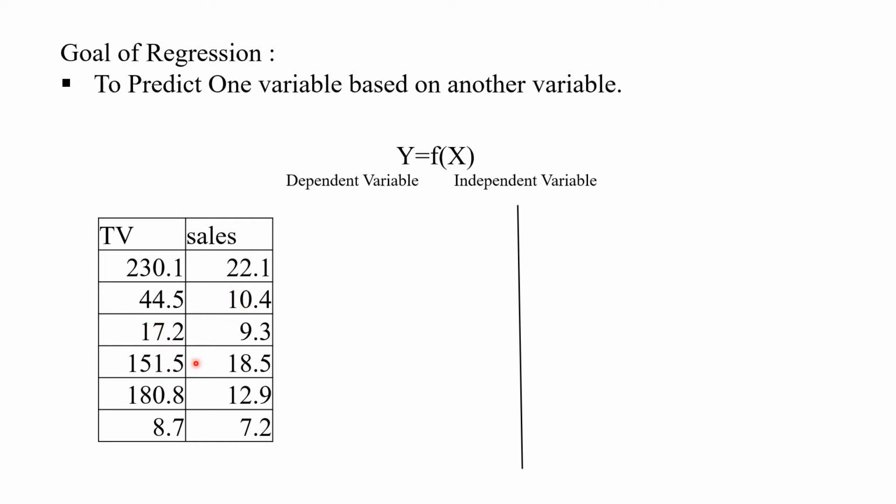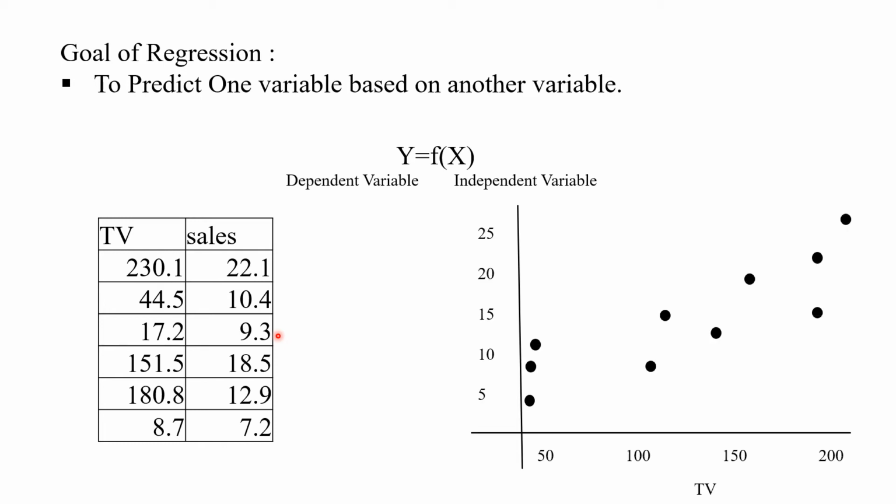When $17 are incurred on television advertising, sales increase by 9.3 lakhs and so on and so forth. By just looking at this, we understand that there is some positive relationship between TV and sales. So when your expenditure on TV advertisement increases, your sales also start shooting up.